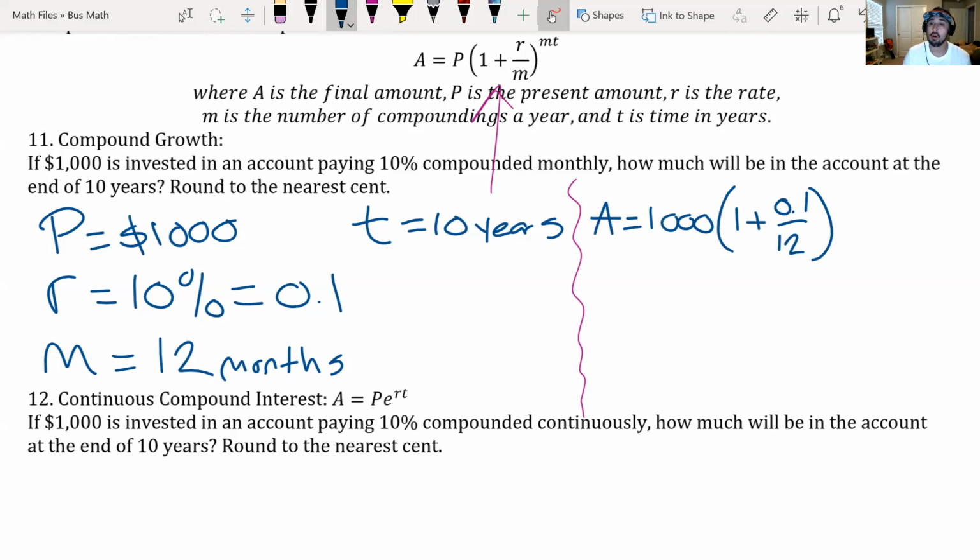And now, all of this is being raised to my compoundings, 12, times the amount of years, 10. There it is. Now, type this in your calculator.